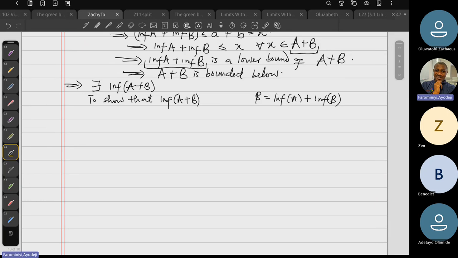So to show that beta is actually the infimum, let me draw the picture, because sometimes pictures make it very clear.